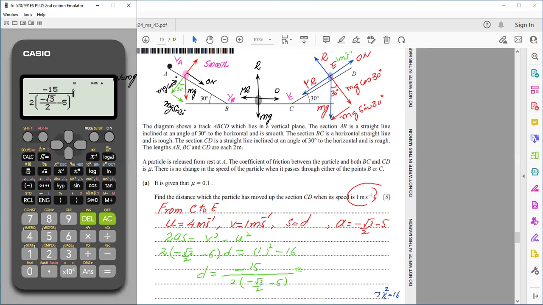After calculation, I got this answer. I don't know if it's correct or wrong, but I got 1.2784 meters.